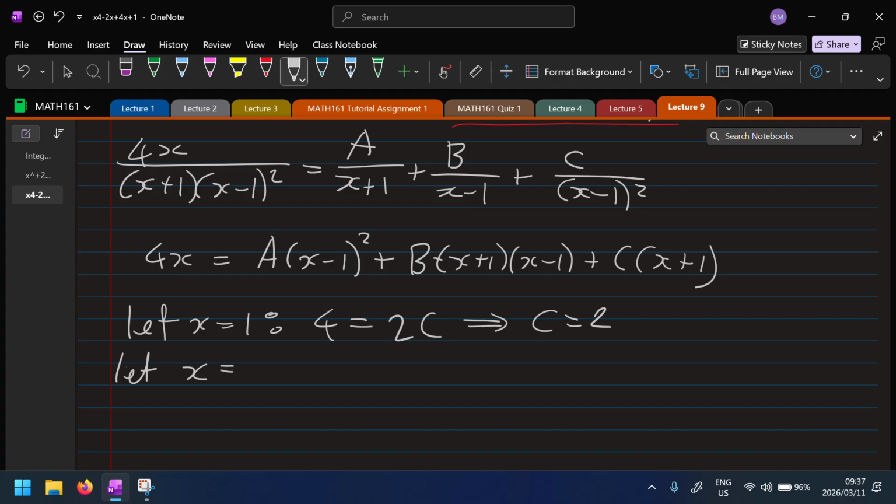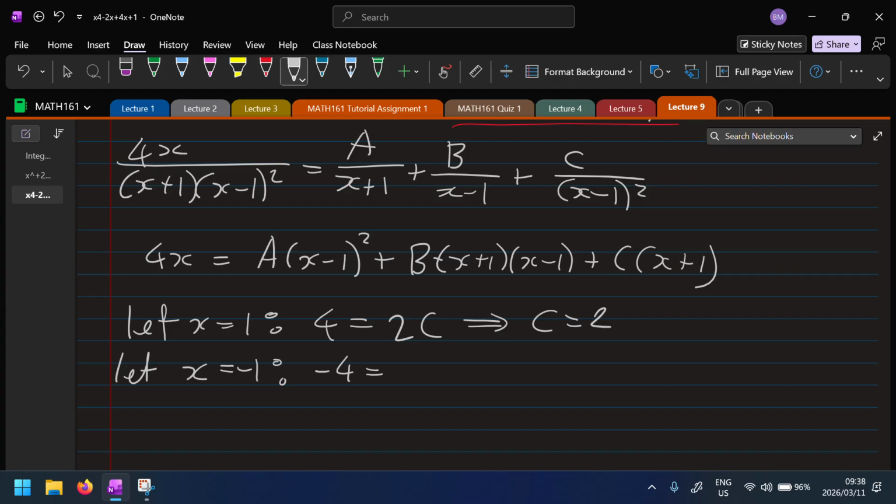Now we need something else. Sorry, minus 1. Yep, that'll work. So if x equals minus 1, B goes away, C goes away, we can solve for A. Okay.